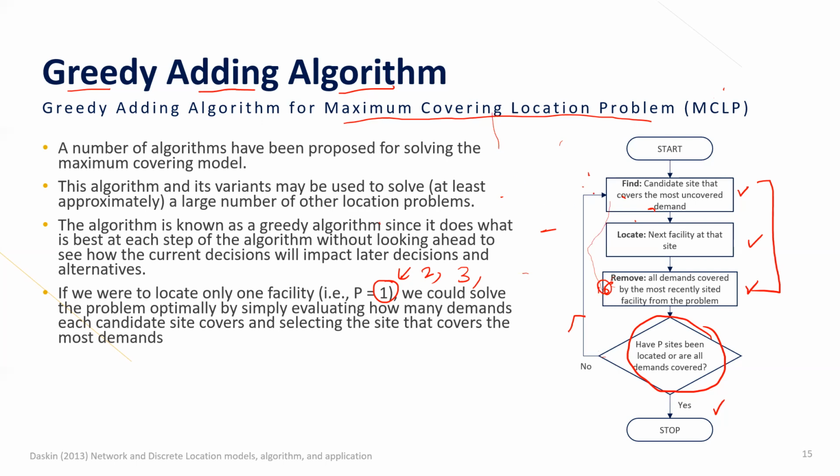Based on the greedy rule, I find among them which one has the most demand covered, and I select that one. After that, I remove the demand already covered by the facility I opened. Then I check again: is all the demand covered already? If not, ask again, can I open more facilities? If you cannot open more, you finish. If all the demand is already covered, you also finish. That's how the algorithm works.